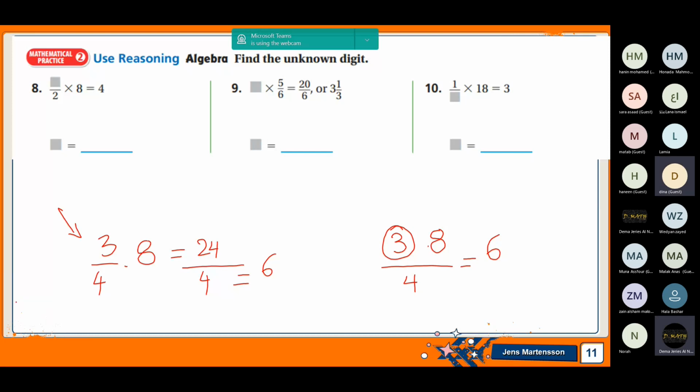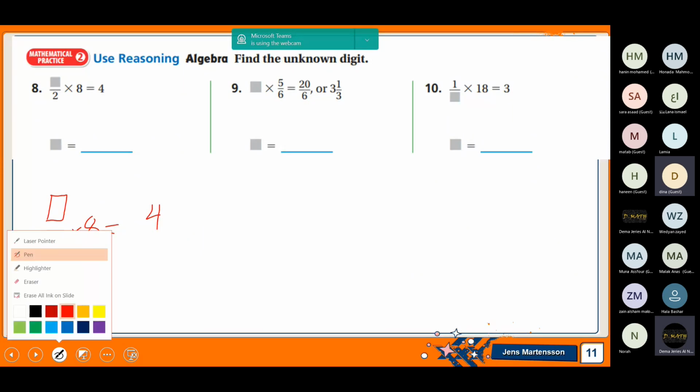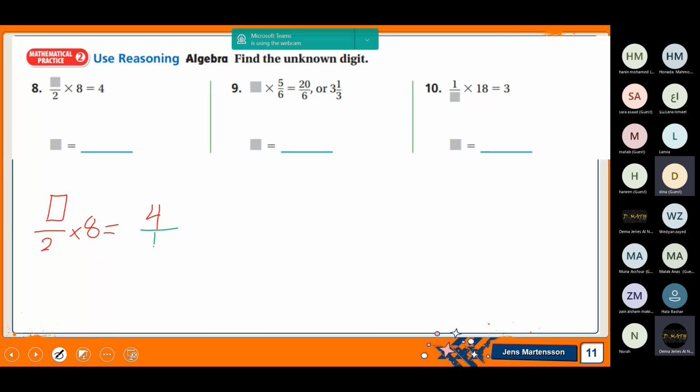I want you to say that the number over 2 times 8 gives me 4. To find the unknown number, put the 4 under 1. Make 4 a fraction.